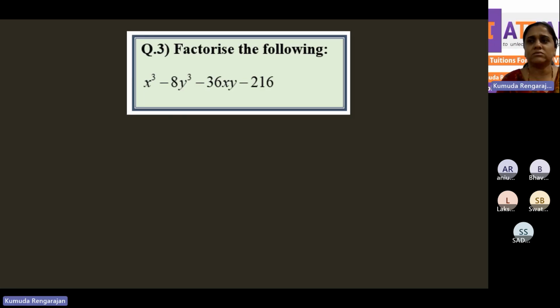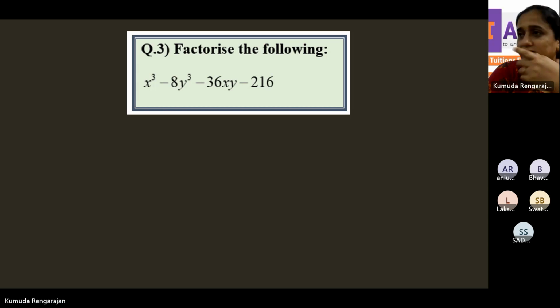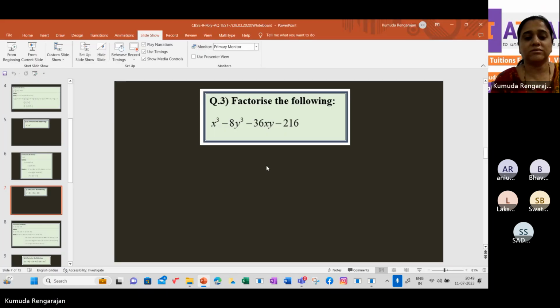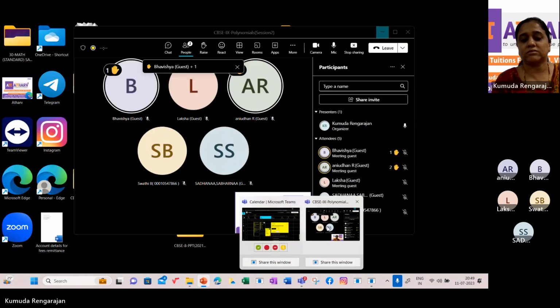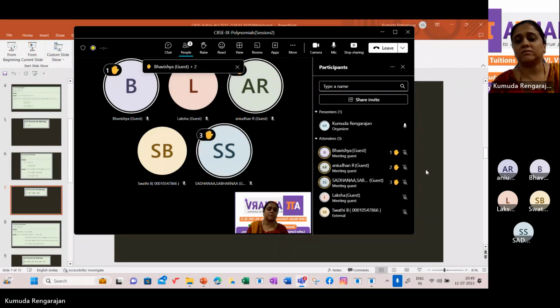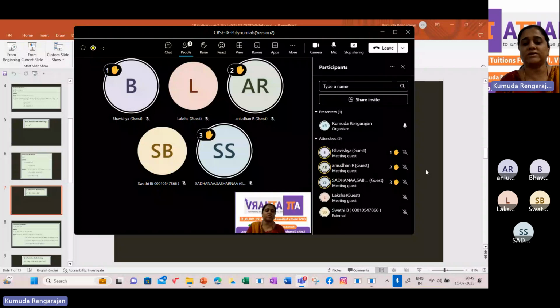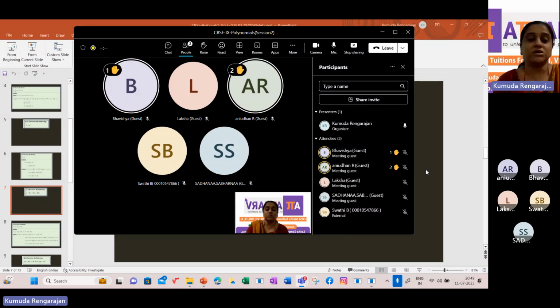This one you said you don't know? Come on. Anybody else? How many of you have learned polynomials in school? Raise your hands. Online students, how many of you learned polynomials in your school? Raise your hand. Bhavishya, Aniruddhan, Sadhana, Sabarna. So Laksha and Swati have not learned yet. Then you should have watched the recording.